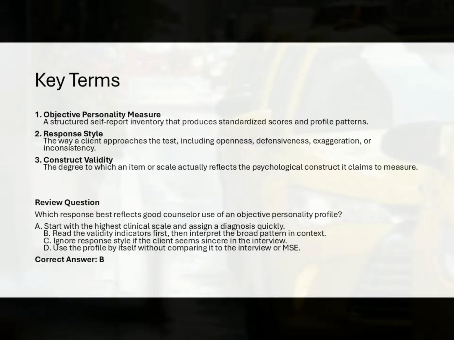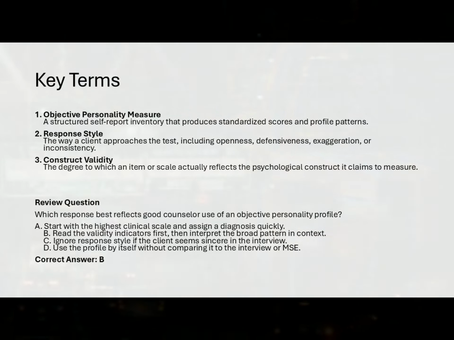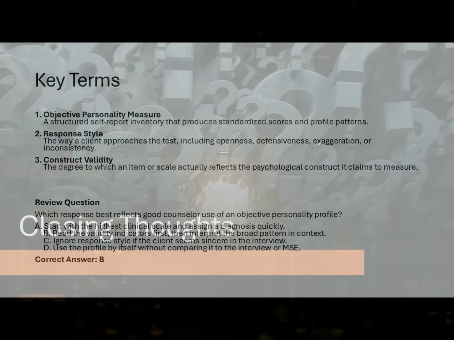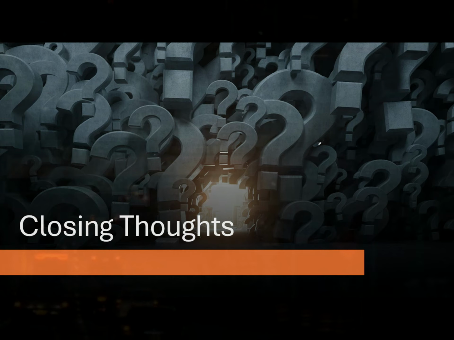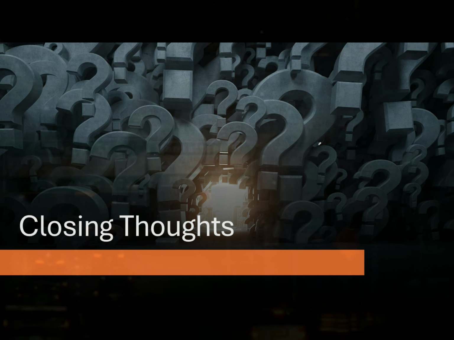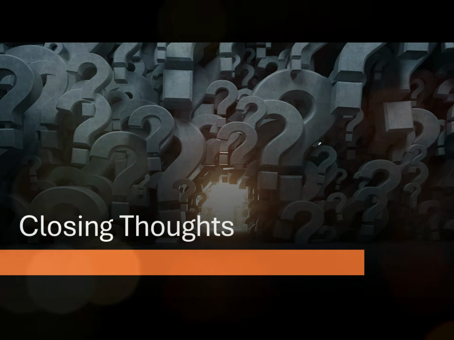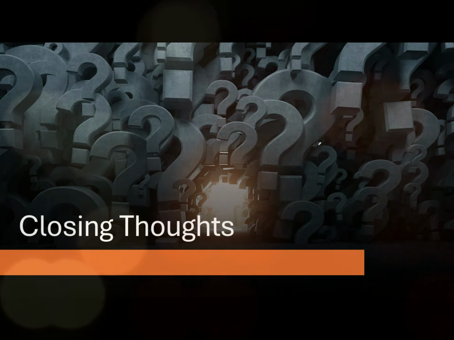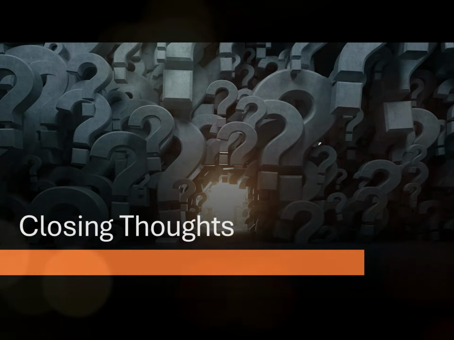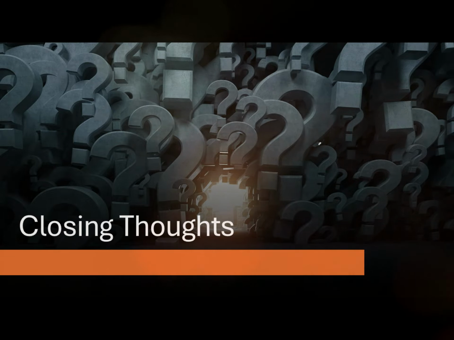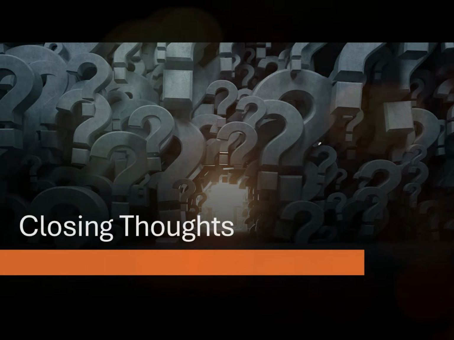So, to close out our lecture for today, the main idea that I wanted to get across is that objective personality profiles are useful when they are interpreted carefully, contextually, and with attention to the response style. Validity comes first. Before you care about the clinical scales, you ask whether the client answered in a way that makes the profile interpretable.